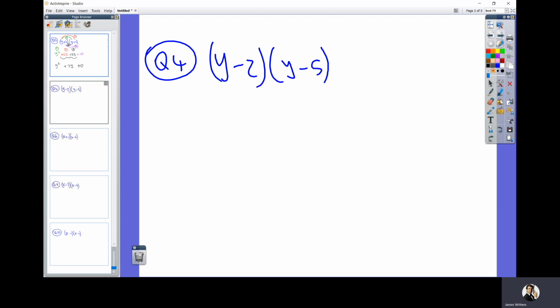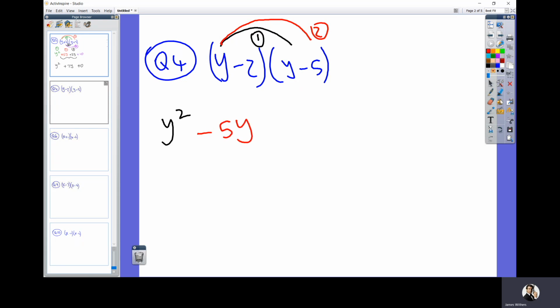So moving on to question 4. Claw number 1, y times y is y squared. Claw number 2, y times minus 5 is minus 5y.